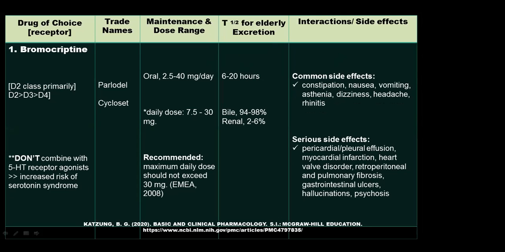This should not be combined with serotonin because it may cause serotonin syndrome by increasing the serotonin level. So too much serotonin causes signs and symptoms that can range from mild, for example, shivering and diarrhea, to severe, which includes muscle rigidity, fever, seizures, and it can lead to death if it is not treated. Next, please.